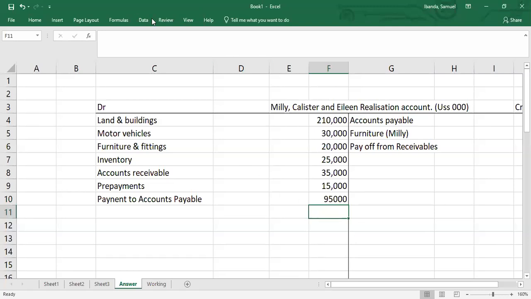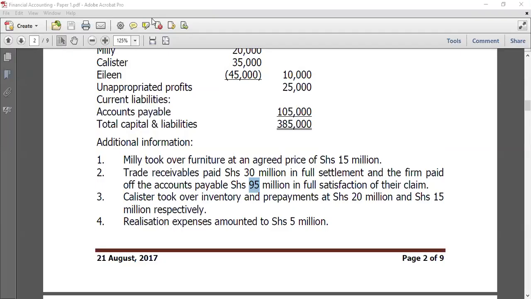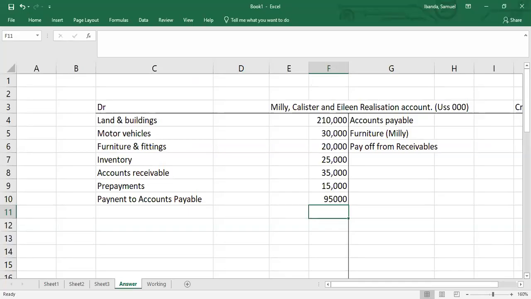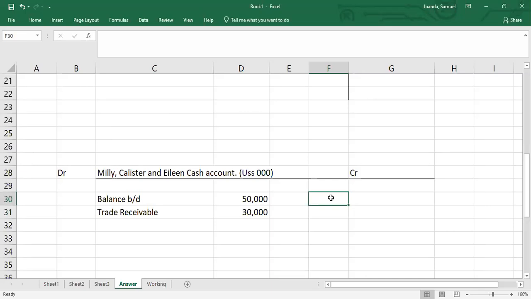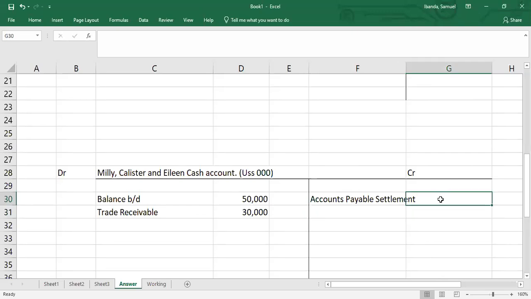Once that is done, I remember I also need to record this in the bank account, or my cash account. So I'll come down here, remember this is a payment, so I'll definitely record it here. Accounts payable settlement, 95,000 like that.